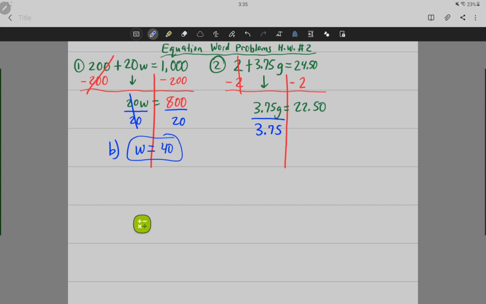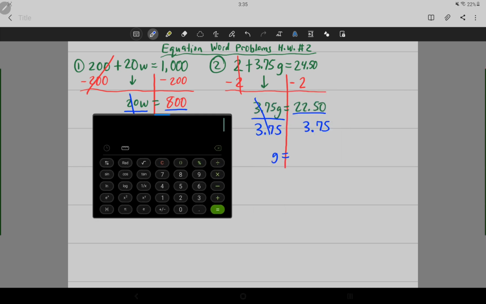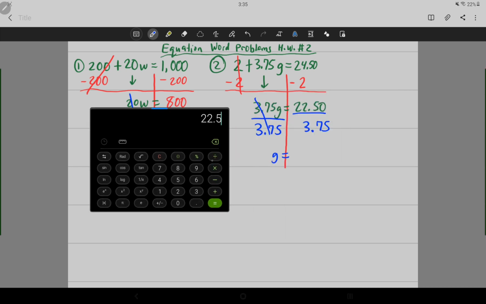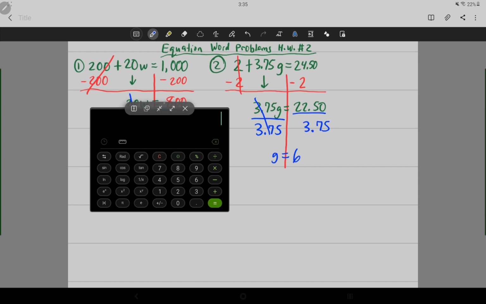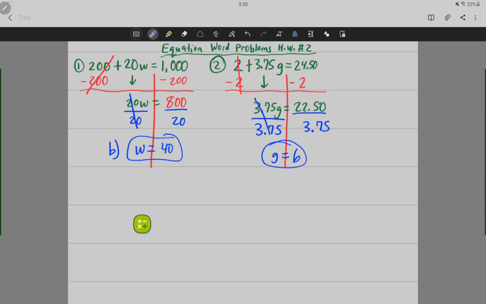Divide by that coefficient, which is the number in front of the variable. 3.75 divided by itself is 1, so cancel that. Bring down G and equals, and let's see what we get. 22.50 divided by 3.75 is 6. So that means they bowled 6 games, which is choice A.